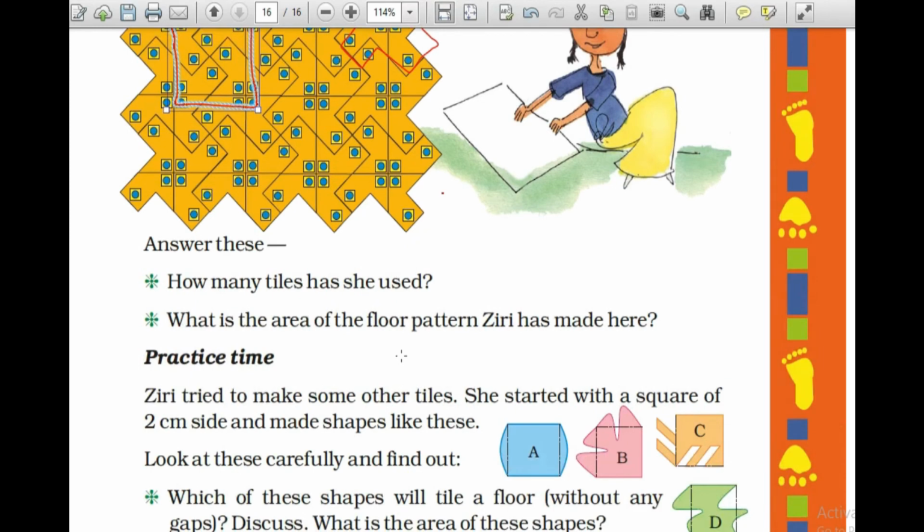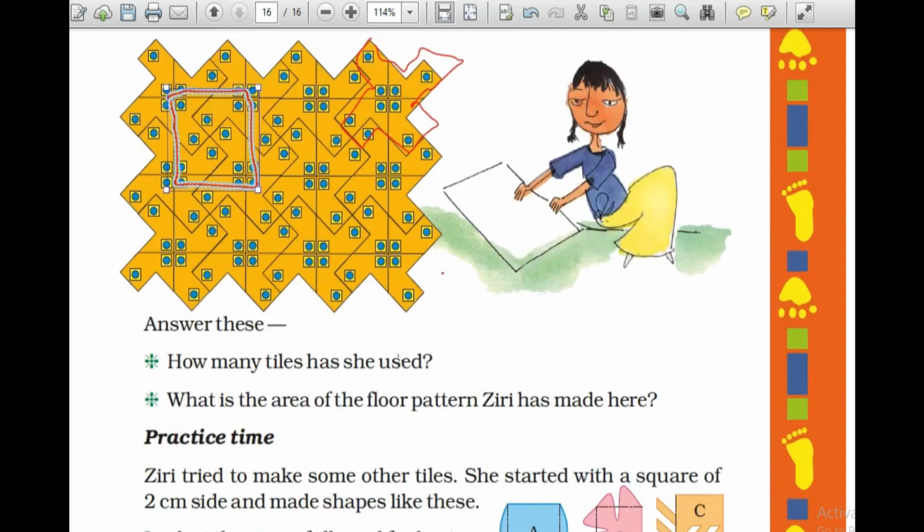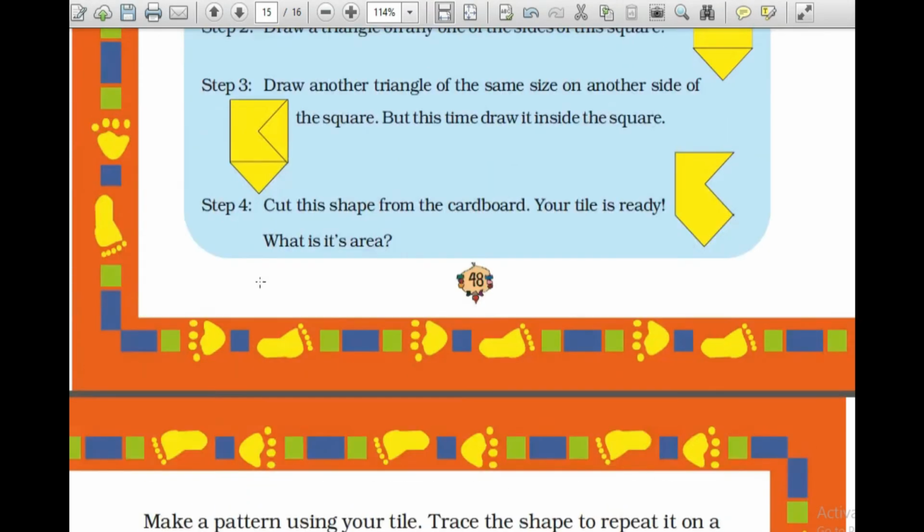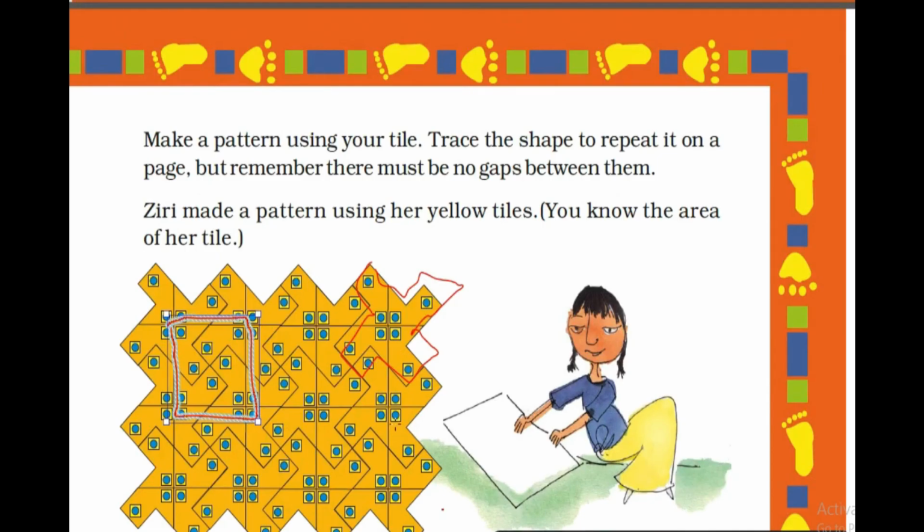What is the area of the floor pattern Ziri has made here? You have to find out the area. Just find the area of one tile, then multiply it by 12, because she has used 12 tiles. This is the shape she has cut.